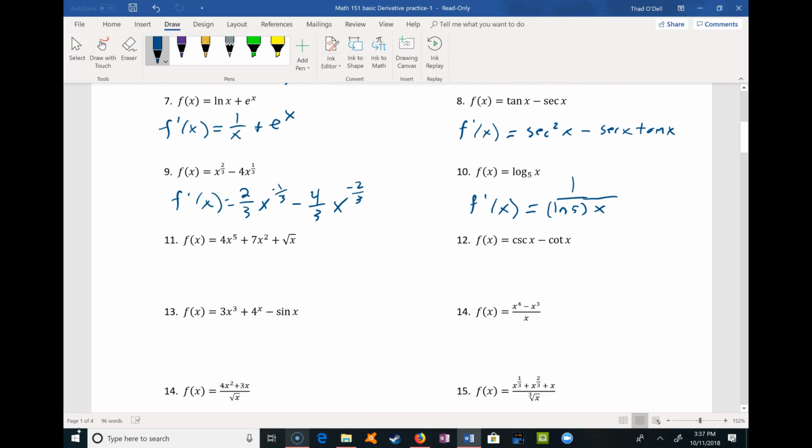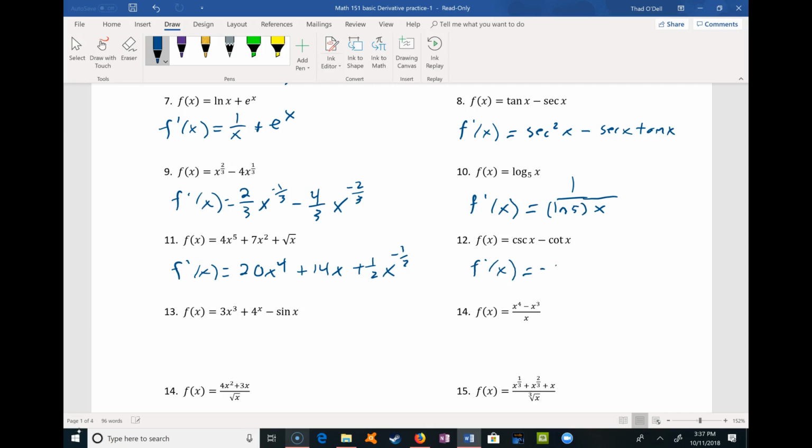Here's another power rule. F prime of x is equal to 20x to the 4th plus 14x plus 1/2 x to the negative 1/2. Because remember that that's the same thing as x to the 1/2, right? And here we go. Another trig one.